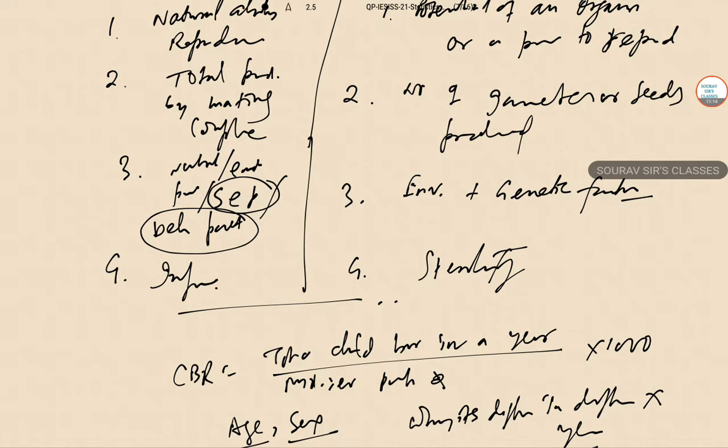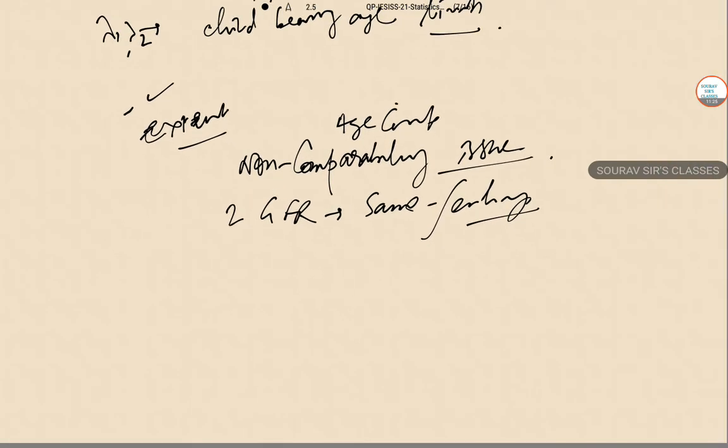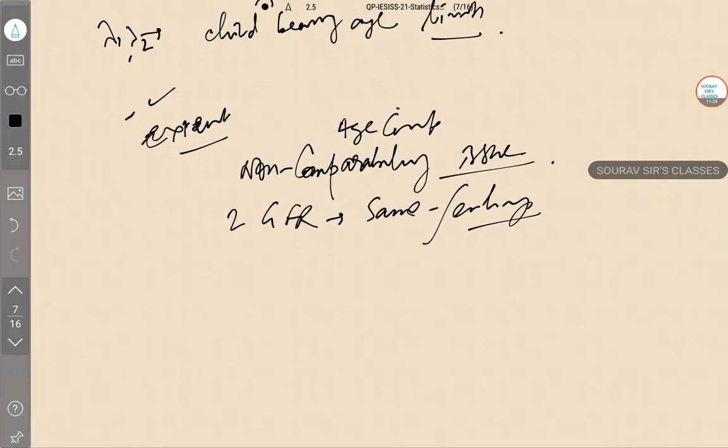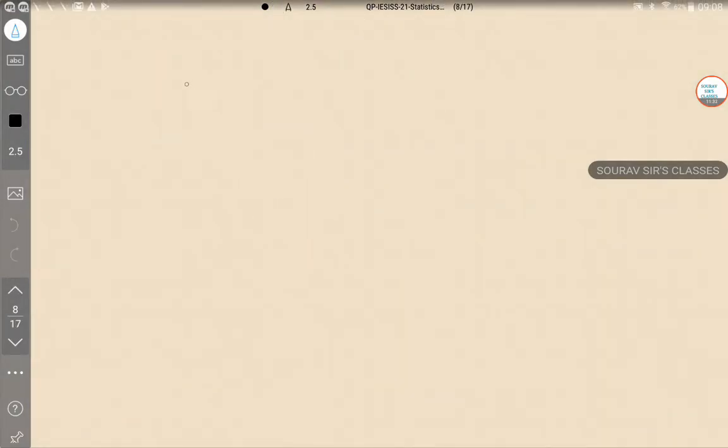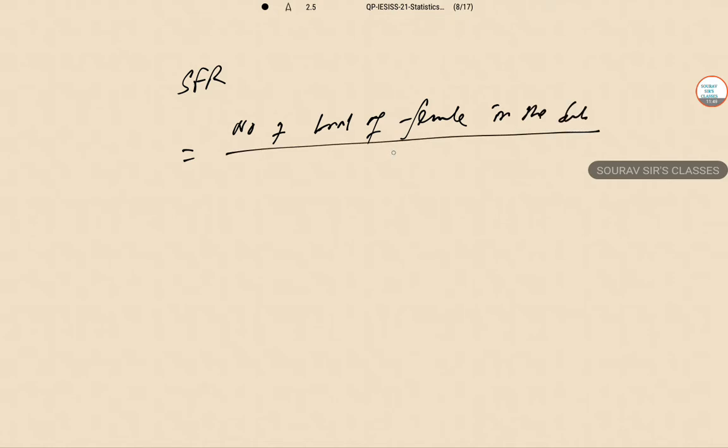Another one: there are other fertility measures. TFR I talked about, but I missed out one thing over there. That is SFR, specific fertility rate. Let me just add a page. So SFR, or specific fertility rate, is the number of births of the female population of the specified section, divided by the number of the female population in the specified section, into 1,000.